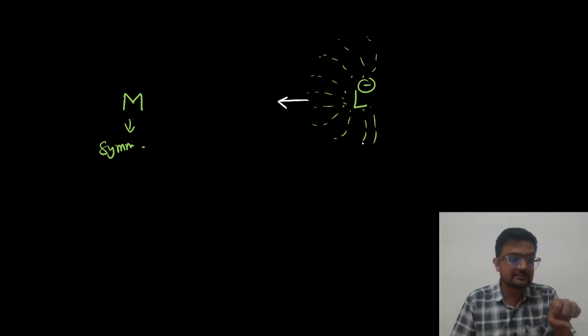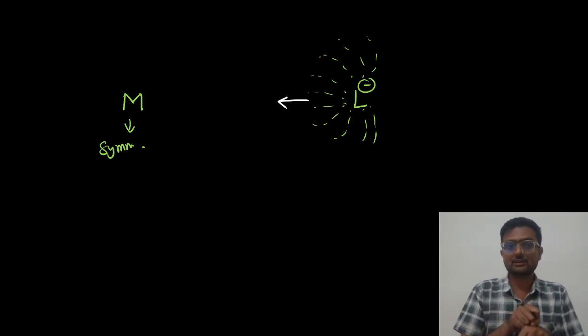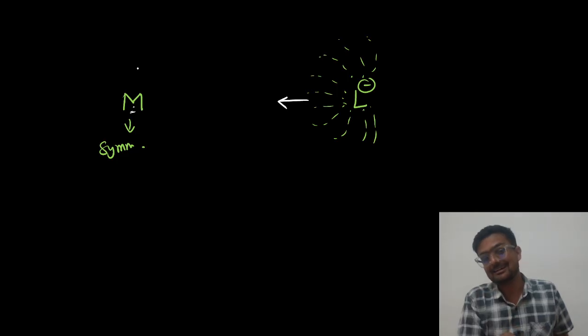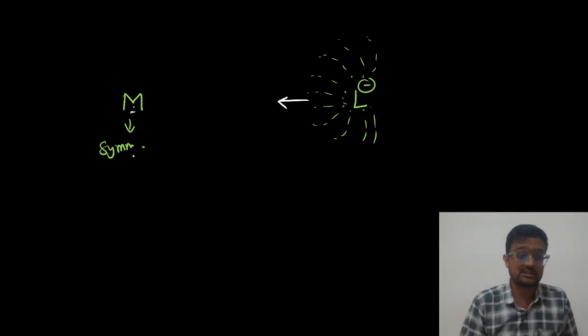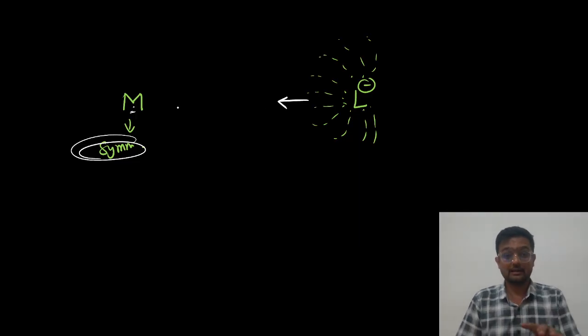So the nucleus of the metal will pull the negative charge of the ligand towards itself. When the nucleus pulls the ligand, there will be distortion. Due to distortion, the metal, which was symmetrical, will now become unsymmetrical. Now, when it becomes unsymmetrical, what will happen?